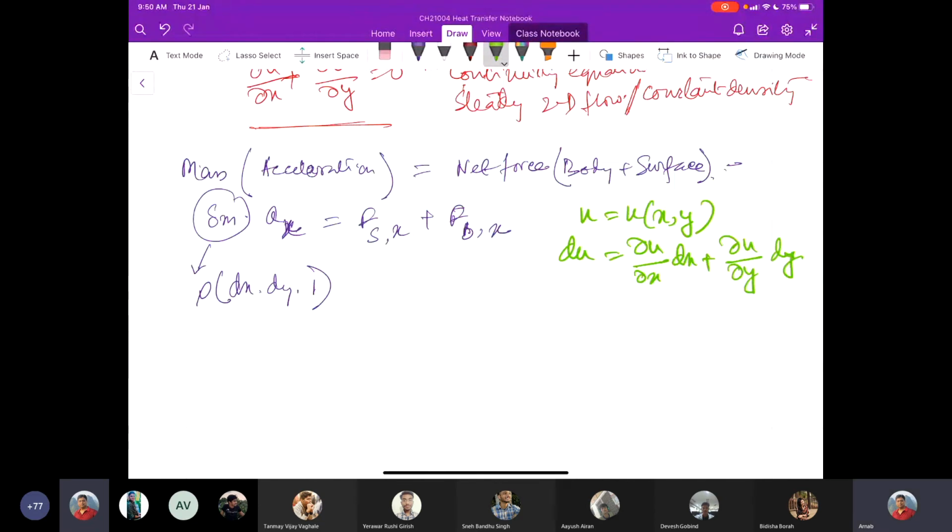The acceleration ax for a steady flow: here that concept comes, that apparently in a steady flow there cannot be any acceleration, but with position there can be.